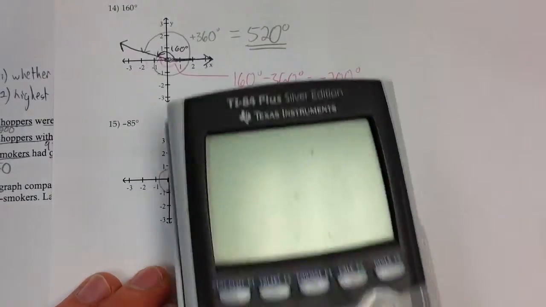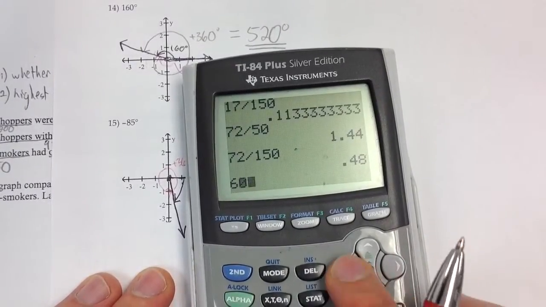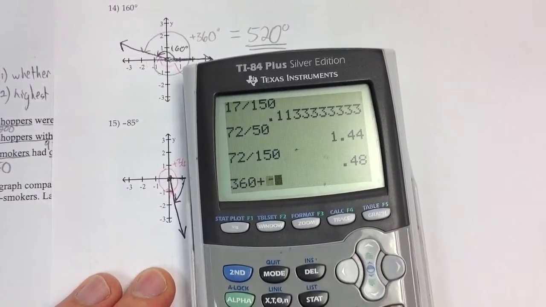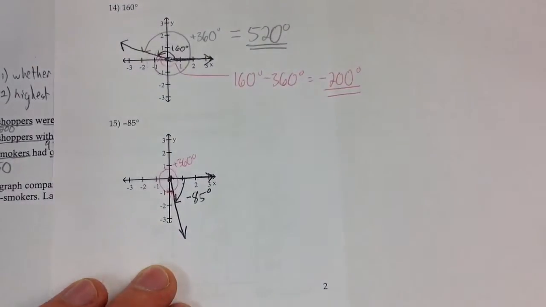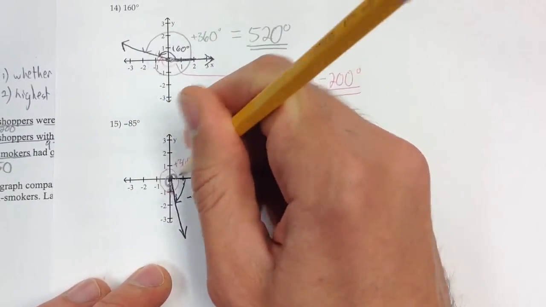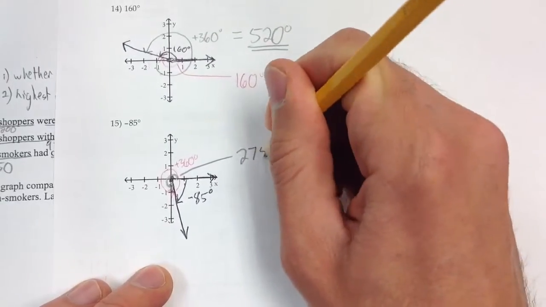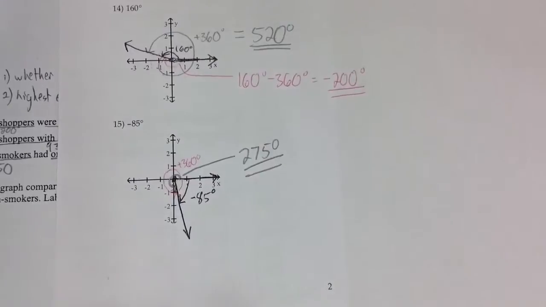And you would end up with 360 plus negative 85, 275 degrees. That would be the angle that was in standard position. So we say 275 degrees is coterminal with negative 85 degrees.